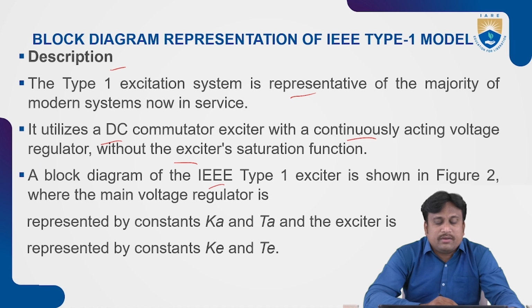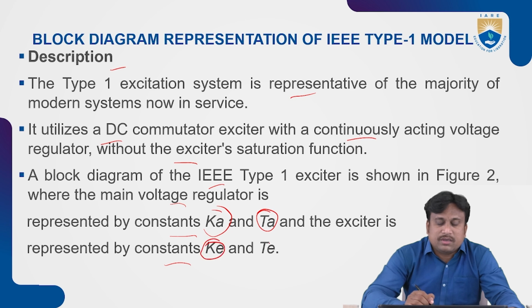Here the main voltage regulator is represented by the constants Ka and Ta, and the exciter is represented by the constants Ke and Te.